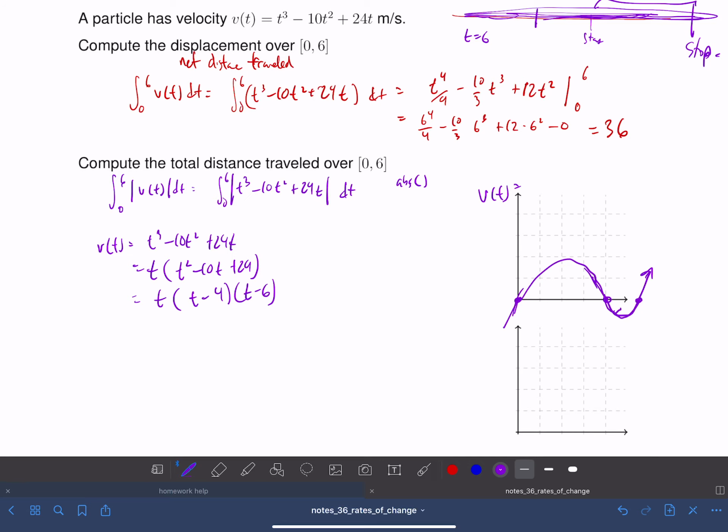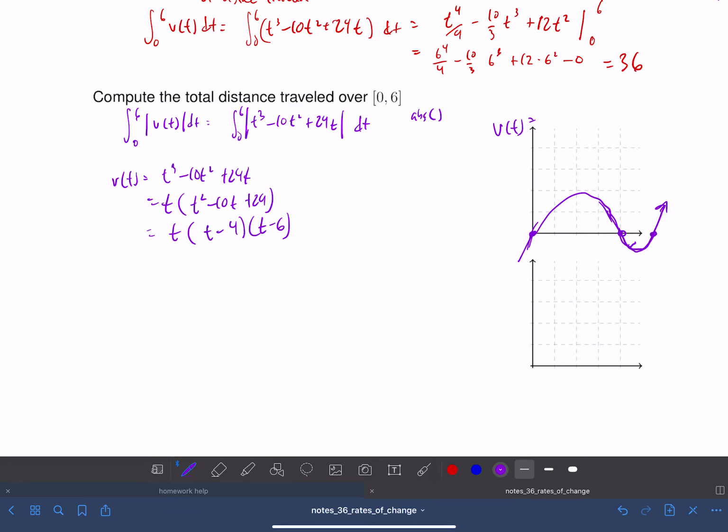That's what it does. So then the absolute value is equal to, with roots at 0, 4, and 6, that part's still up, but then this next part does that, and then it goes up like that.